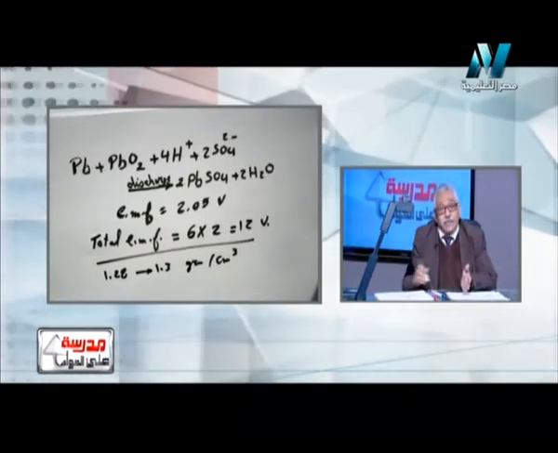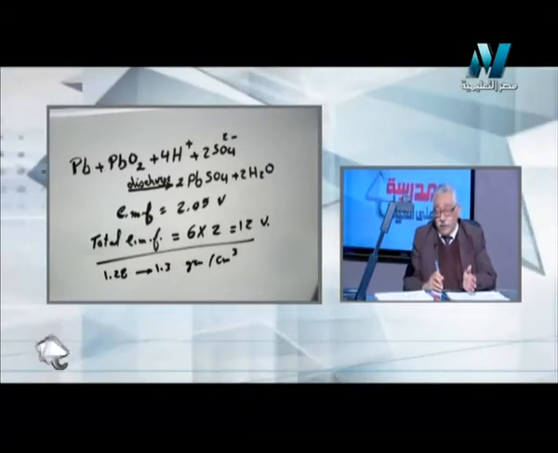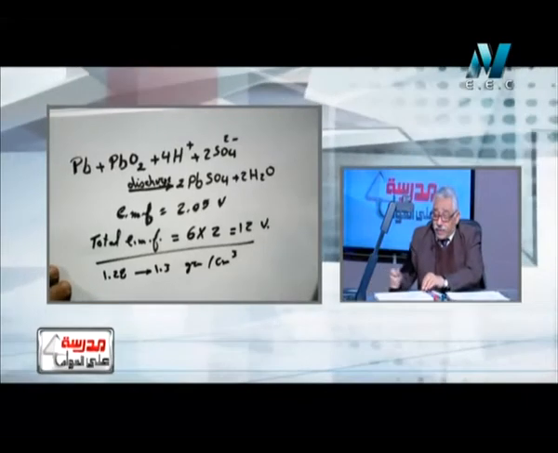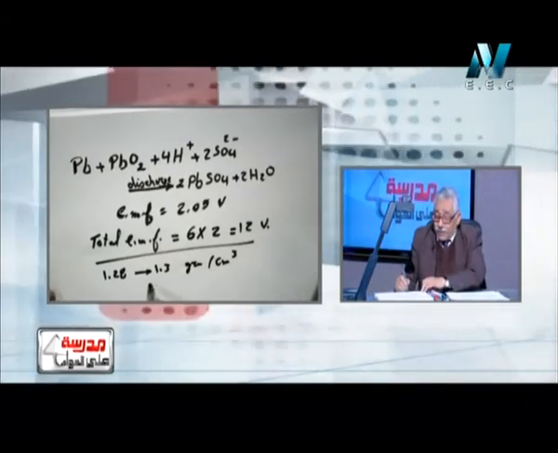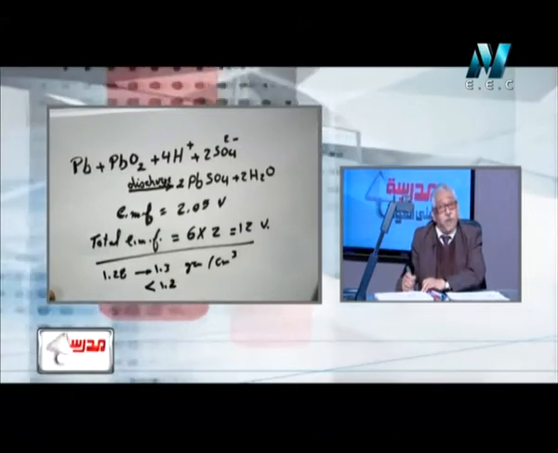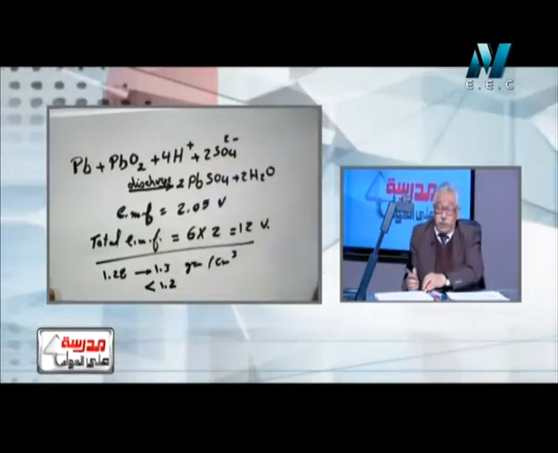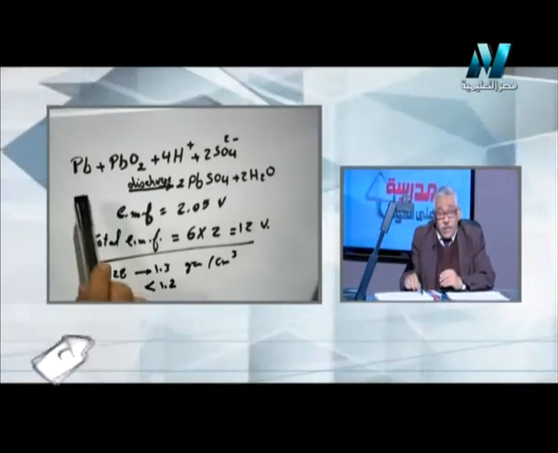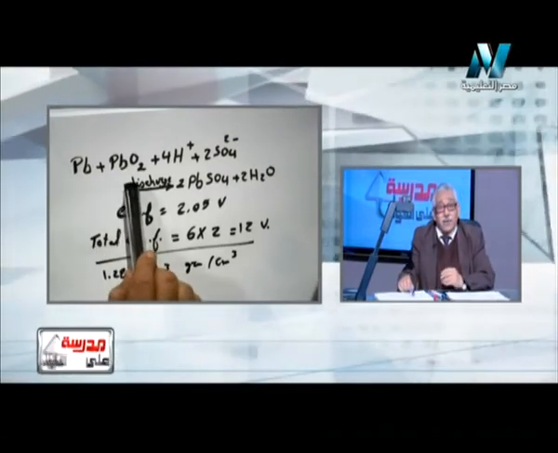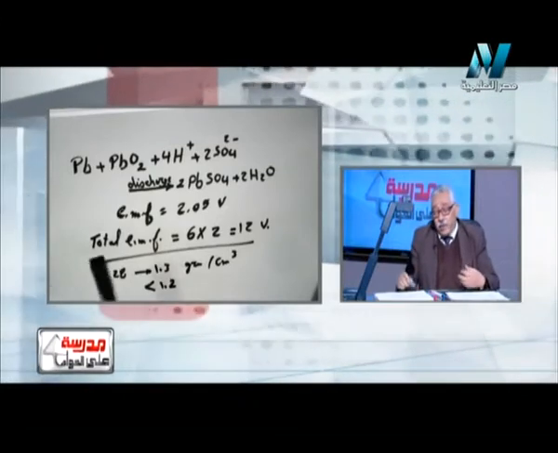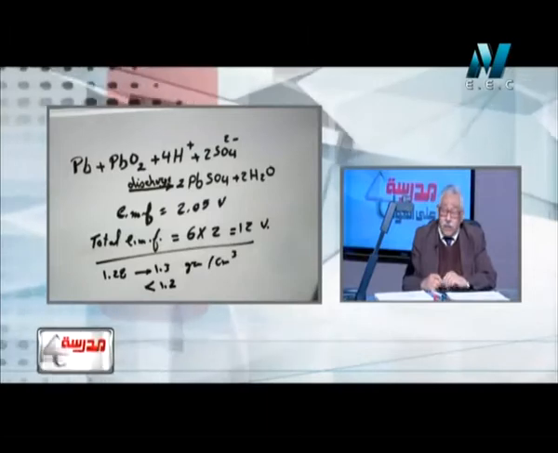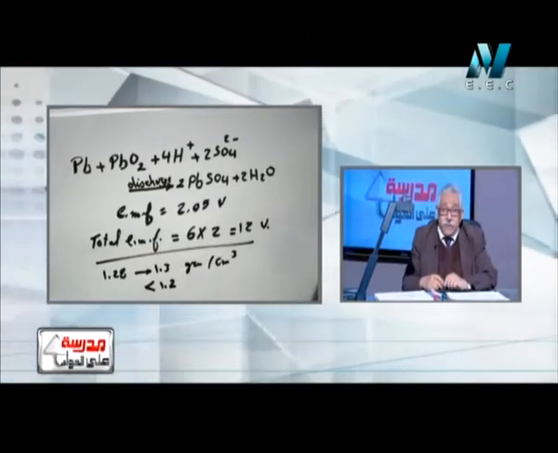We can measure the density by hydrometer, a device used to measure the density of liquids. If the density decreases to less than 1.2, according to the accumulation of water from this equation, we must recharge this battery. Or when the lead and the lead dioxide decrease, because they are converted into PbSO4, lead sulfate, so we must recharge the battery.